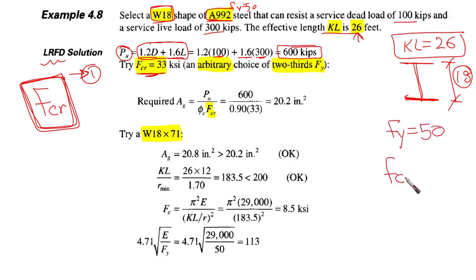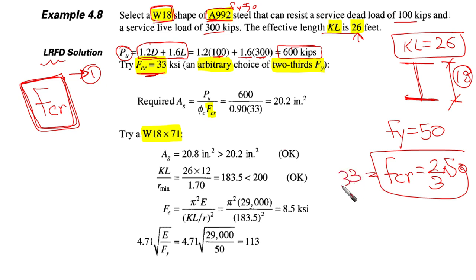So our Fcr is going to be about 2/3 of this 50. This gives us 33. So we're going to start with an assumed value, which is 33. Now we are going to the second step, which is the required gross area.